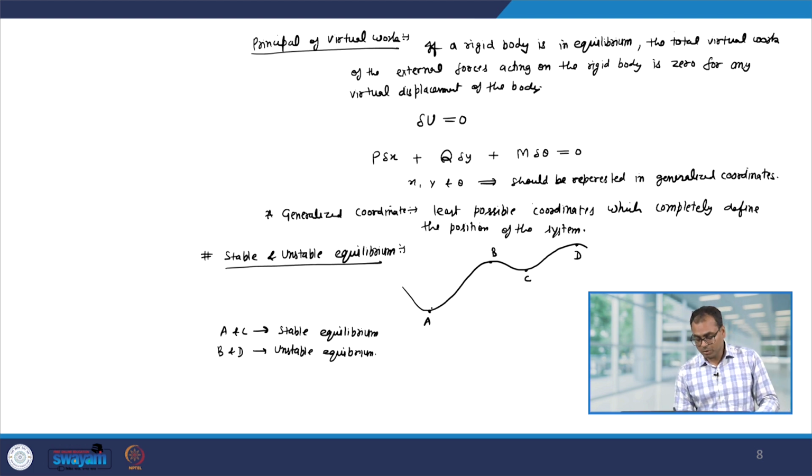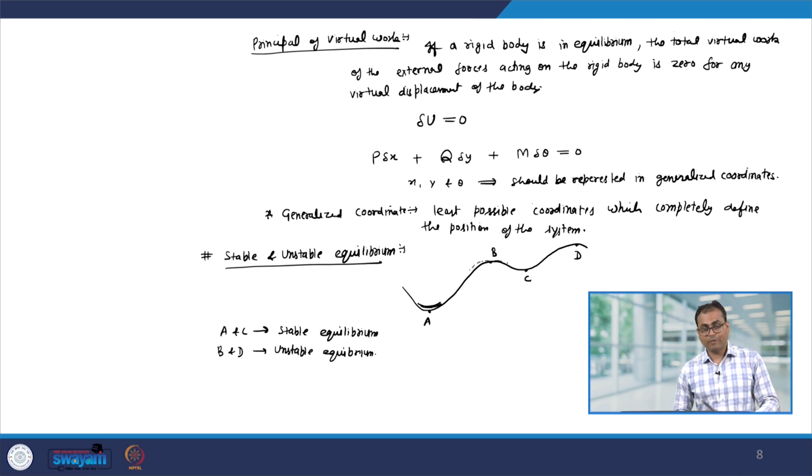Suppose you displace the particle from point A, then it has a tendency to come back, therefore at point A the equilibrium is stable, while at B if you displace it slightly, it is not going to come back. Okay. So, therefore, it becomes an unstable equilibrium.